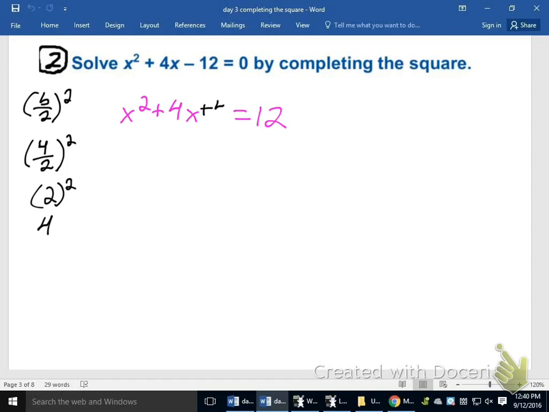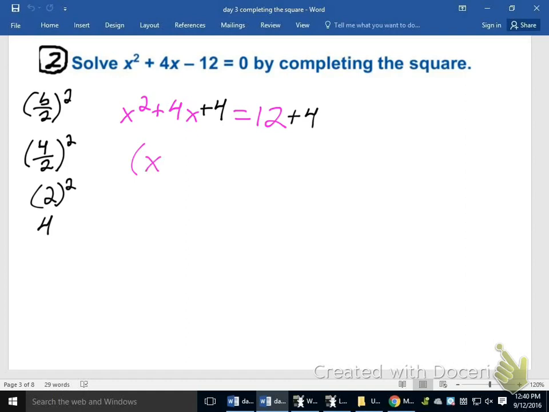I'm going to use a plus 4. However, remember this is an equation, so if I add 4 to one side, I must add 4 to the other. What that does on the left-hand side of the equation, this is now a perfect square trinomial. It's in the form a squared plus 2ab plus b squared. A is x, b is 2.